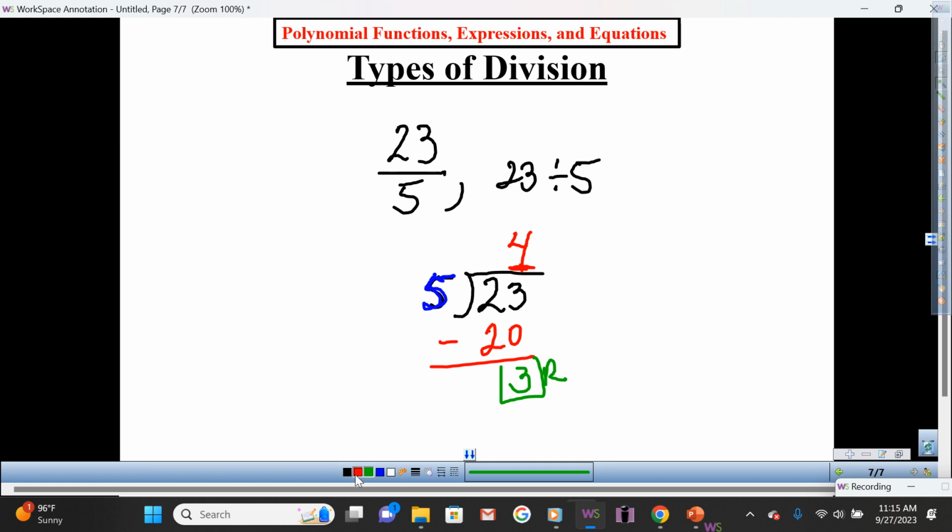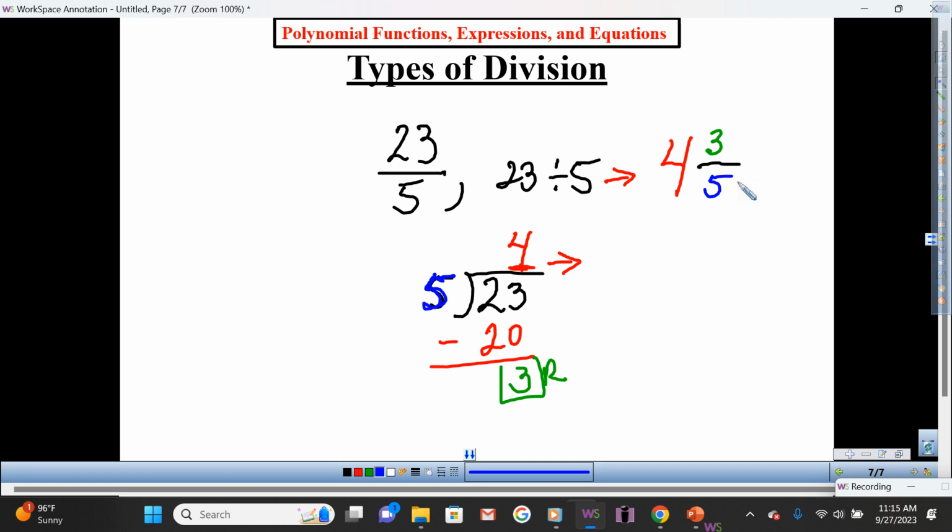So all you have to do was that, but with polynomials last night. So check this out. So your answer for this one, or your quotient, would be what? 4. But is that completely correct? No, because there's a remainder. So what do we do when we have remainders? Who remembers in elementary? Oh, you do a fraction, Mr. Q. All right, so what goes on top? The 3. What goes on the bottom? The 5. 4 and 3/5.